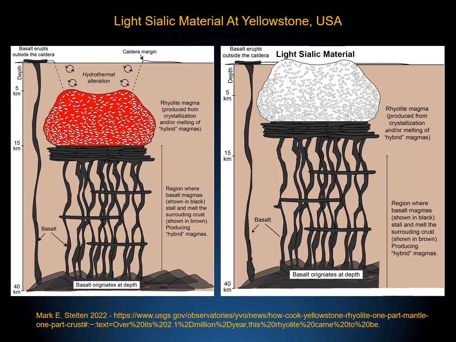This material emanated from the North Pole and has migrated southward to the Yellowstone region. We can see in this model that the basalt originates much deeper in the mantle, and the rhyolite magma is produced by crystallization and/or melting of hybrid magmas. In other words, it is continental material.